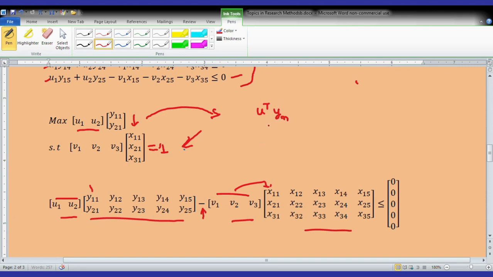And now you know the meaning of this, that this is your u1 and u2, and yn actually is y1, y2, and so if it is y1, from 1 we will be having y11 and y21.